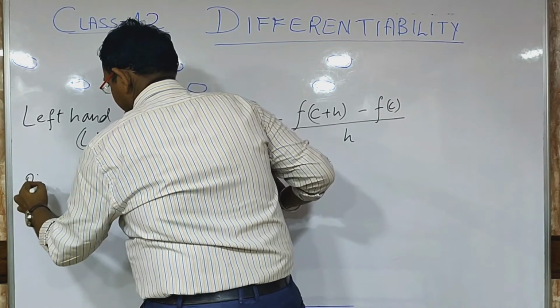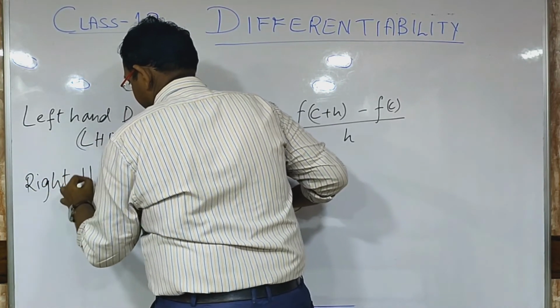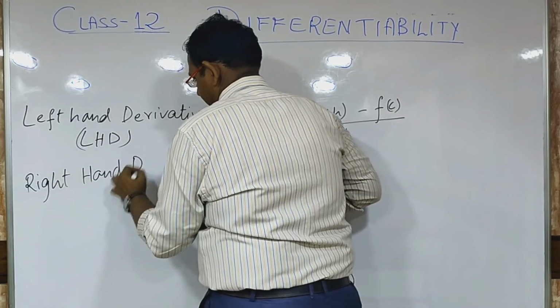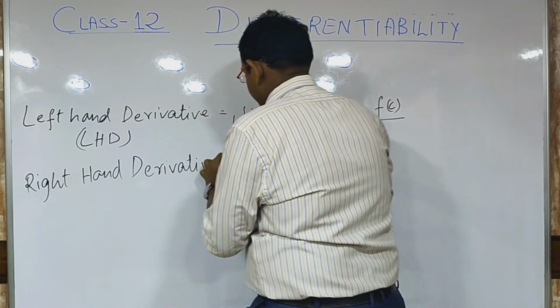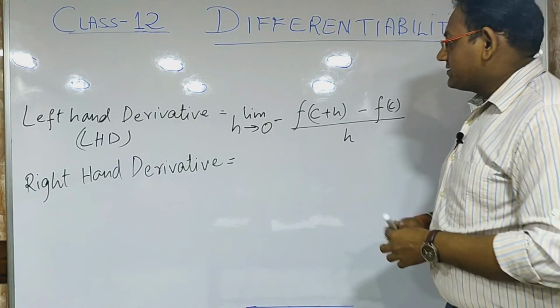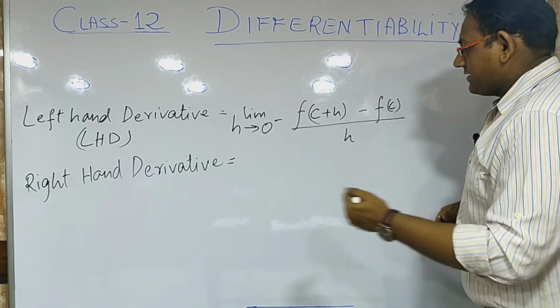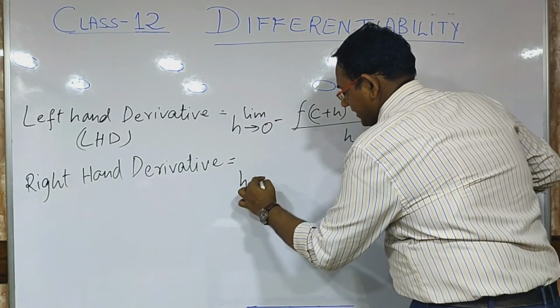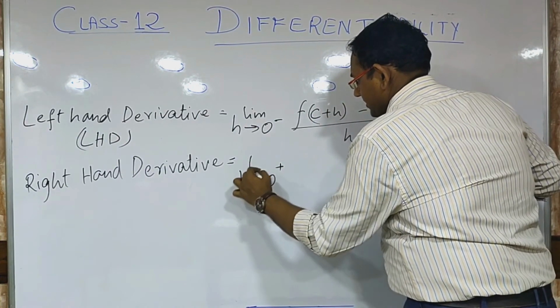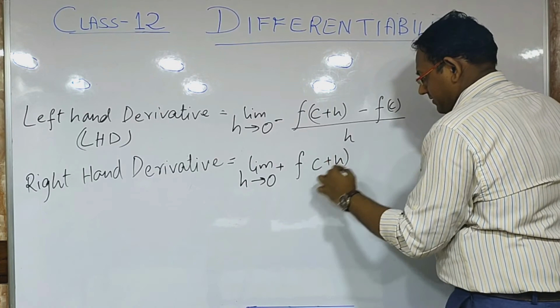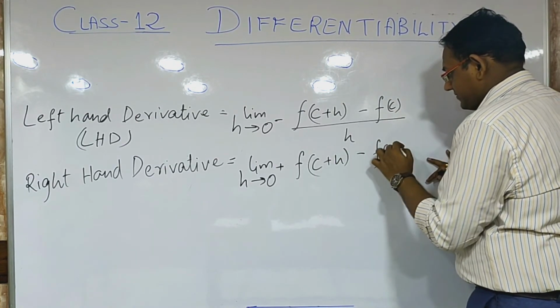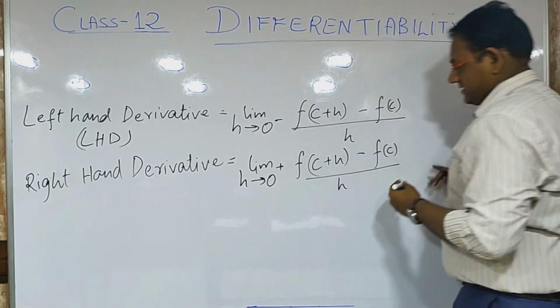The next thing that we need to discuss is the right hand derivative. Right hand derivative means the limit as h tends to 0 positive of f of c plus h minus f of c, divided by h.